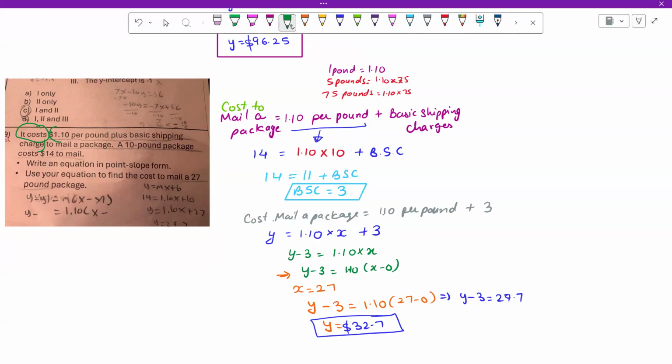So they're talking about the cost of mailing. And what are they talking about? $1.10 per pound plus basic shipping charges. Directly we wrote 1.10 per pound and basic shipping charges. Now, in the next line they said a 10-pound package costs $14 to mail.